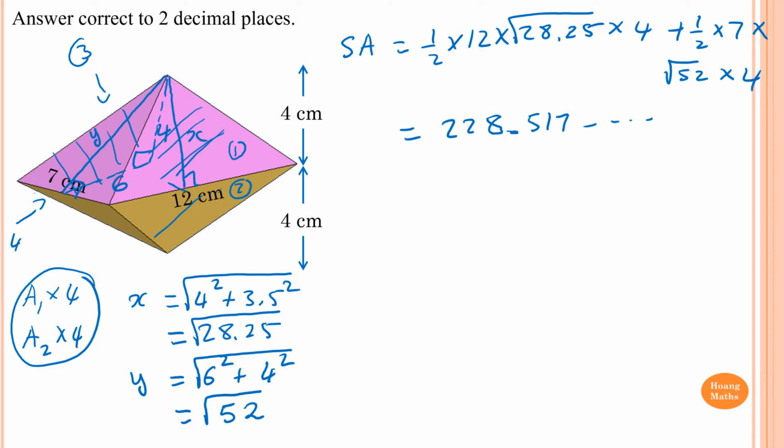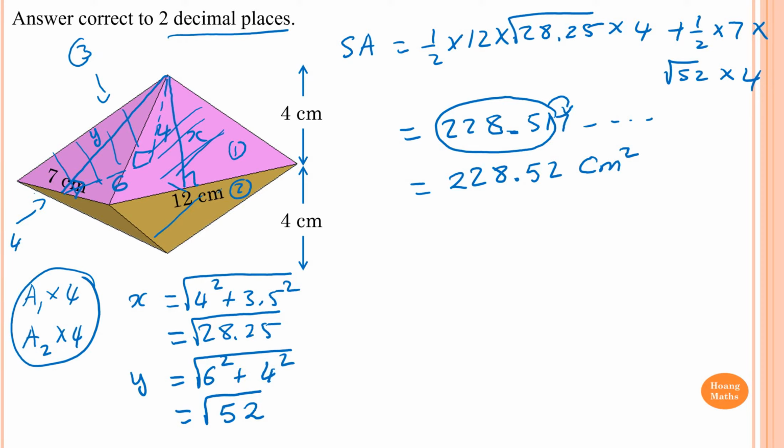Because I want it correct to 2 decimal places, so 2 numbers after the decimal point, we look at the number after, which is 7, so we add 1 to it, which becomes 2. So the answer is 228.52 square centimeters.